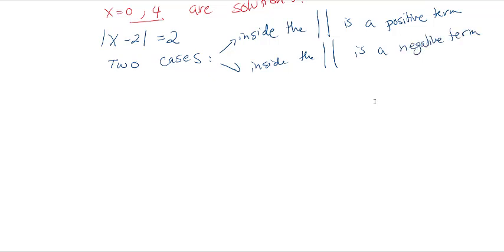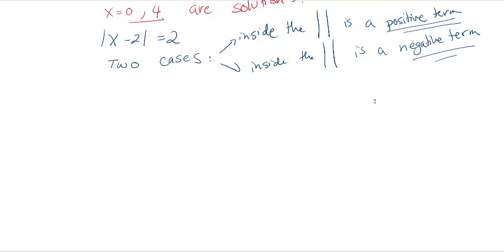And we know that for each one of these, the absolute value basically is a different function. For the positive term, the absolute value is basically just like a regular parentheses. But when we have a negative term inside, things are more complicated. When we have a negative term inside the absolute value, we have to take the positive value, and the positive value is just negative or minus the value of the actual term.